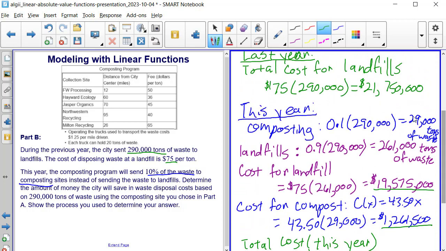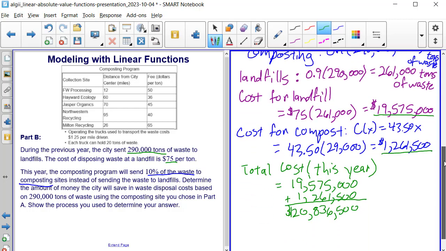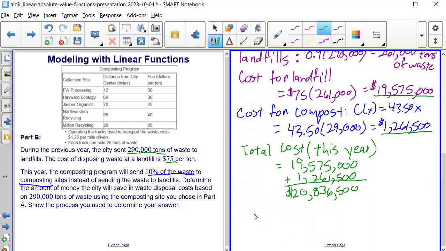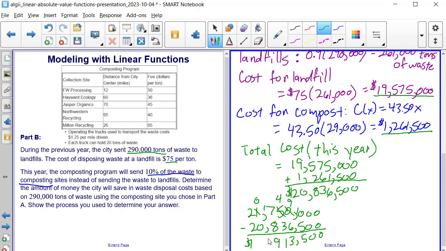Now we can see that that is still less than last year, and let's see by how much. So if we take 21,750,000 and we subtract 20,836,500 from it, we will end up getting $913,500 will be saved.